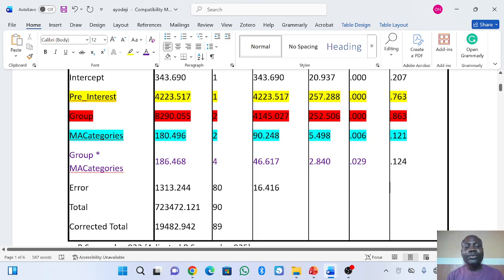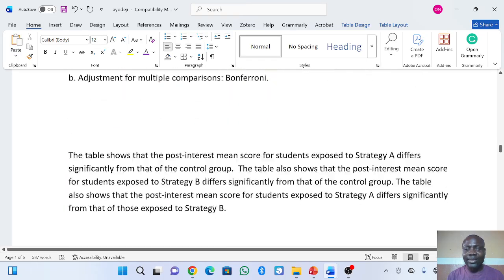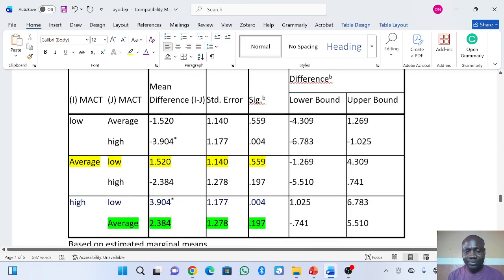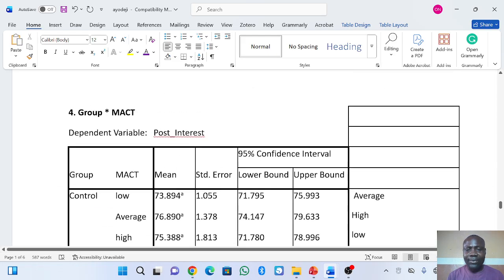So if you look at this very well, you will notice that it is also significant. Its partial eta square is 0.124. That means it's contributing to about 12.4% of the total variance. So we need to interrogate interaction effect very well, because it speaks to the very essence of our study.